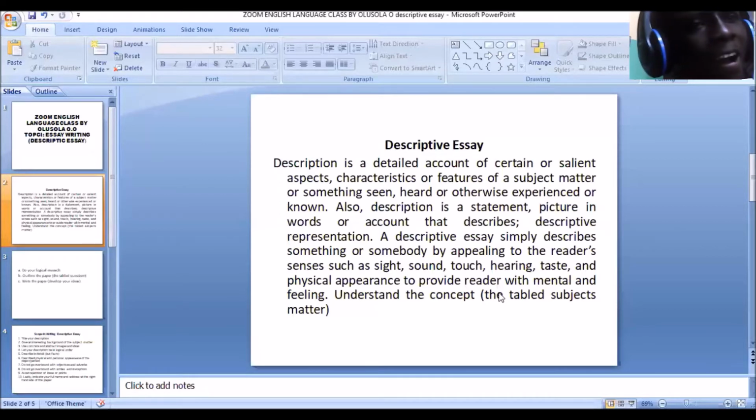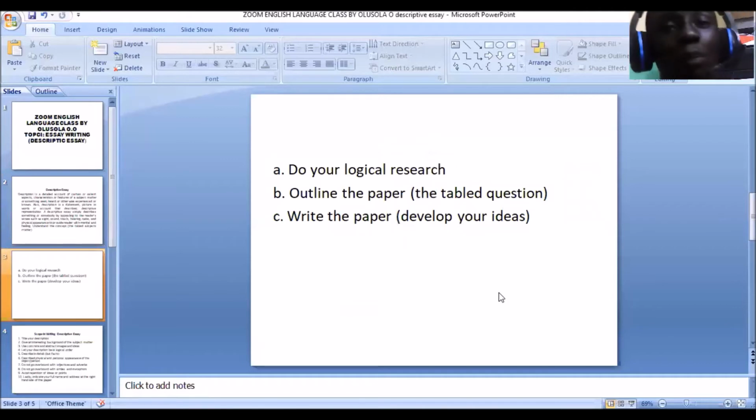Then if you are writing for the purpose of research, basically for A levels, you have to do a logical research before you start writing. Maybe an A level student or a working class fellow.